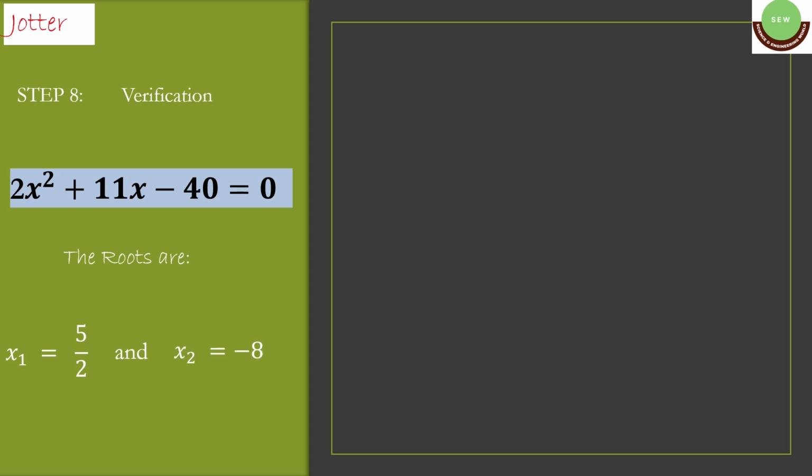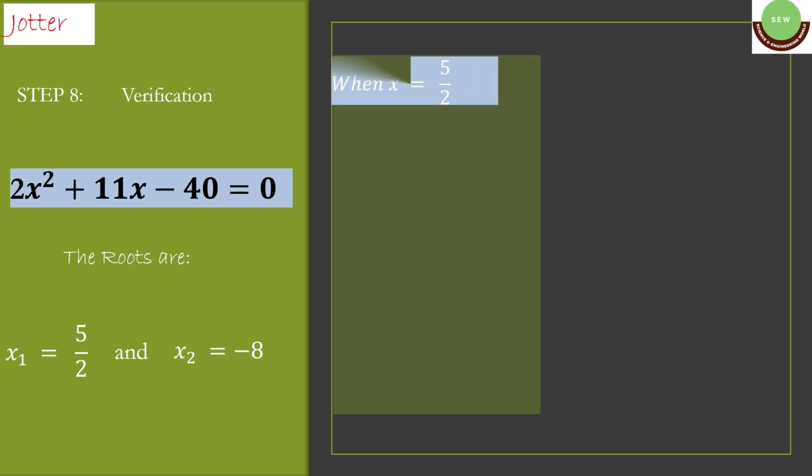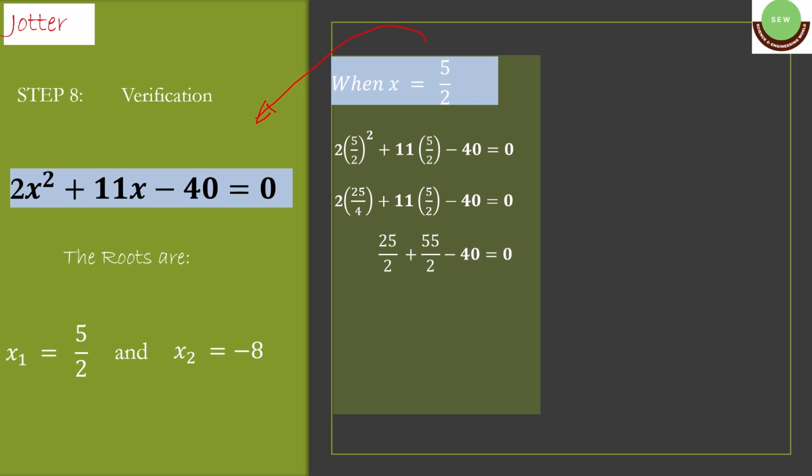When x equals 5 over 2, we substitute this into this expression. That is, 5 over 2 will replace x when we see x. So we have 2 into (5 over 2) squared plus 11 times 5 over 2 minus 40 equals 0. When you open the bracket, this becomes 2 times 25 over 4 plus 11 times 5 over 2.